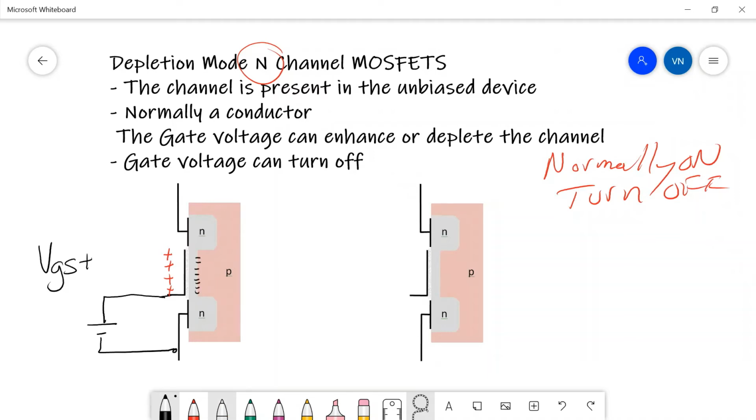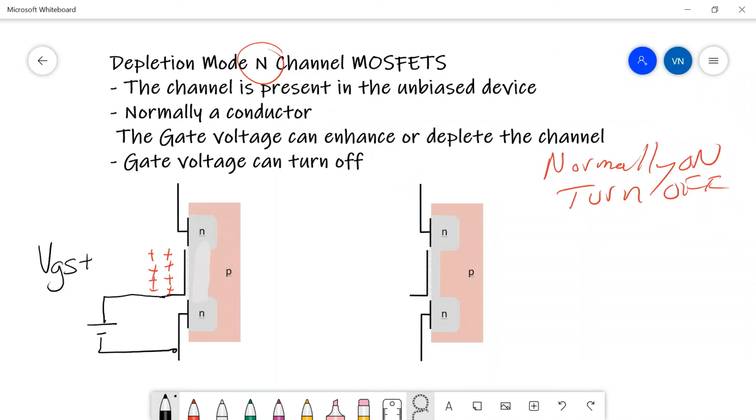They will be attracted in towards the gate, and you will enhance the conductivity of the channel, essentially thickening it up. If you continue to put on positive charge, then it will get enhanced even a little bit more. So with a depletion mode FET, you can enhance the channel in order to improve conductivity, or you can deplete the carriers in order to minimize it.